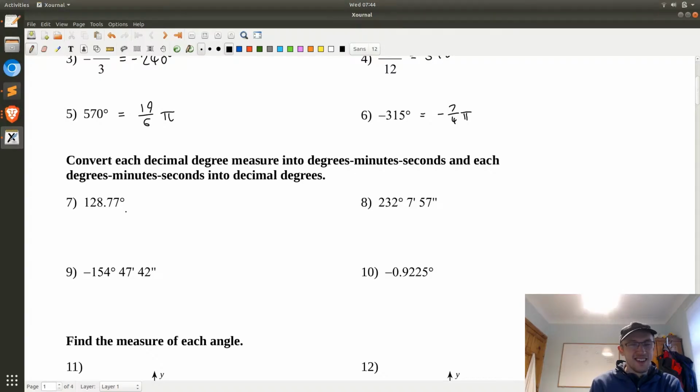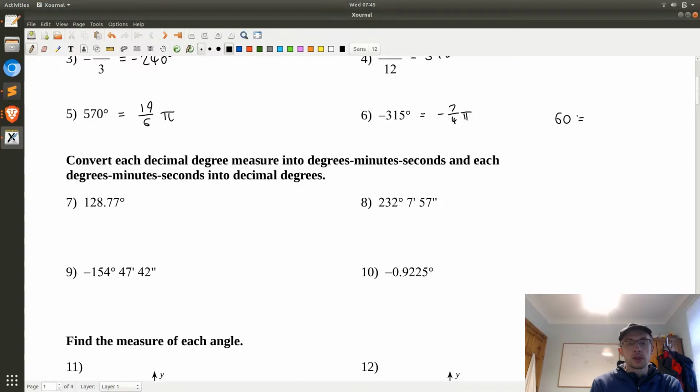I'm going to guess, if memory serves me correctly, 60 is an incredibly useful number because it's highly divisible: 1, 2, 3, 4, 5, 6, 10, 12, 15, 20, 30, and 60. Great. Highly divisible number, many, many factors.